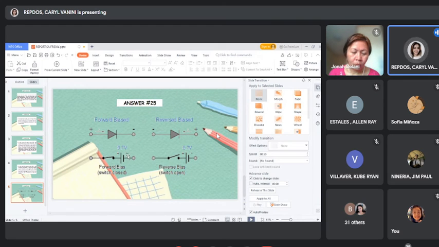So when the device is on, the switch is closed, and the current will flow forward. In the reverse bias, if the switch is off, the current will not flow since it is an open circuit.